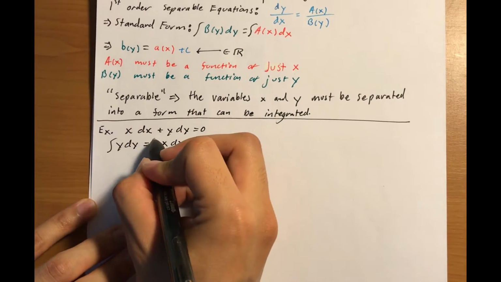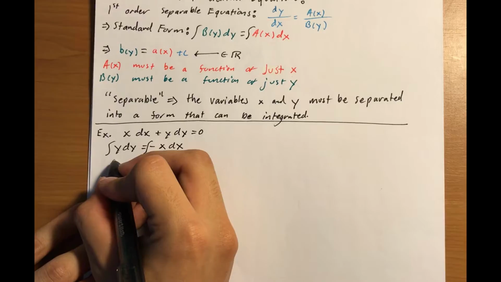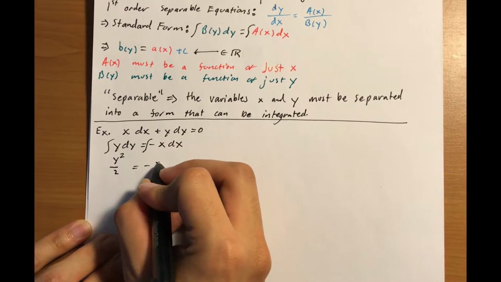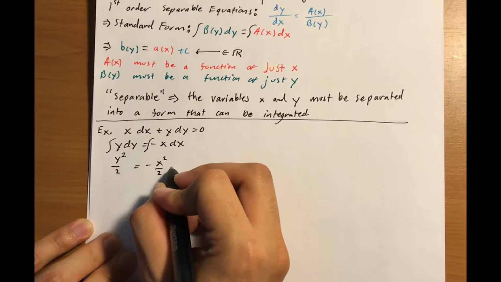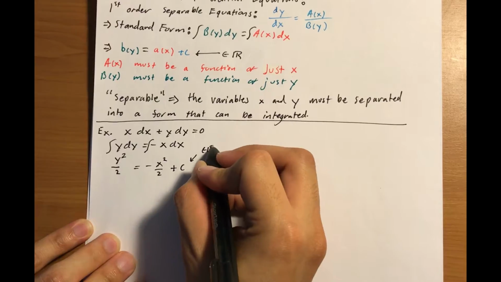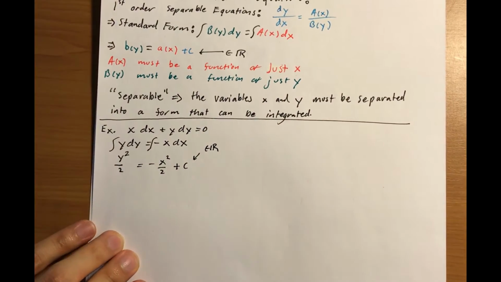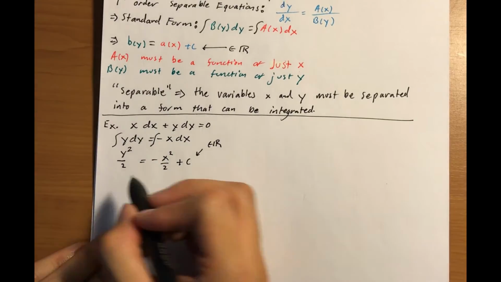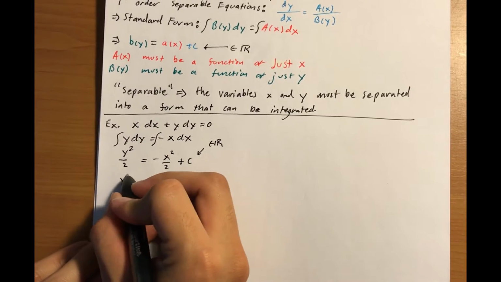So integrate both sides, and using simple techniques, we get something like this. And we can't forget the plus c, which means any real number. Okay, so if we want to get y alone, we just do the necessary algebra. We can start by multiplying 2 to both sides.